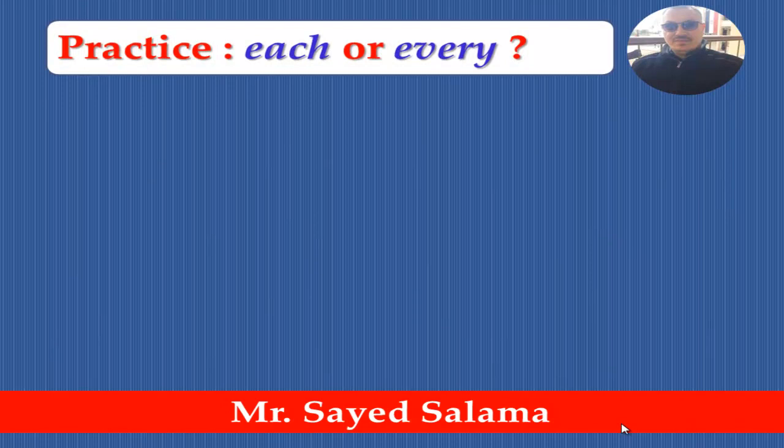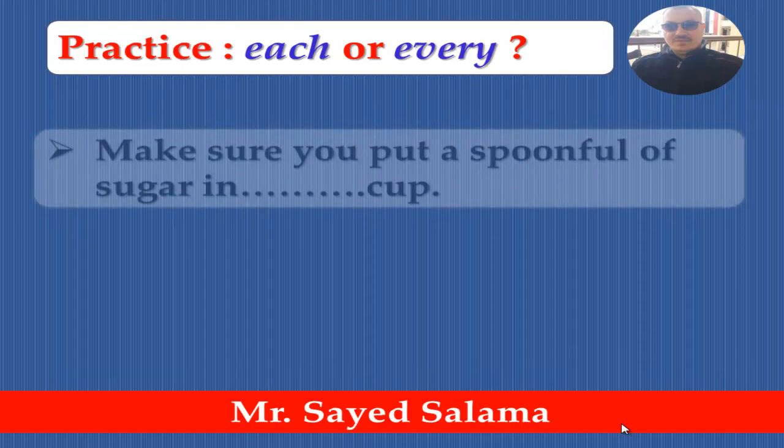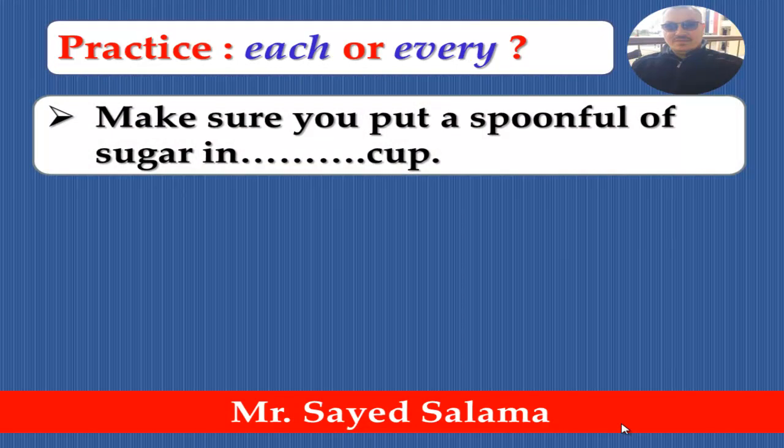Now let's have a practice. This is a very simple exercise. In the following examples, you are going to finish the sentences using the word each or every in the suitable place. Now let's get started. Make sure you put a spoonful of sugar in cup.